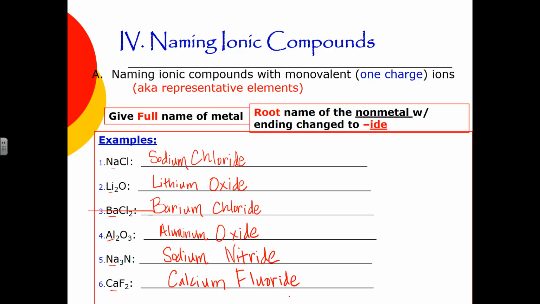How'd you do? Hopefully you got them all right. If not, please edit your papers. Those are type 1, containing a monovalent metal and a nonmetal.